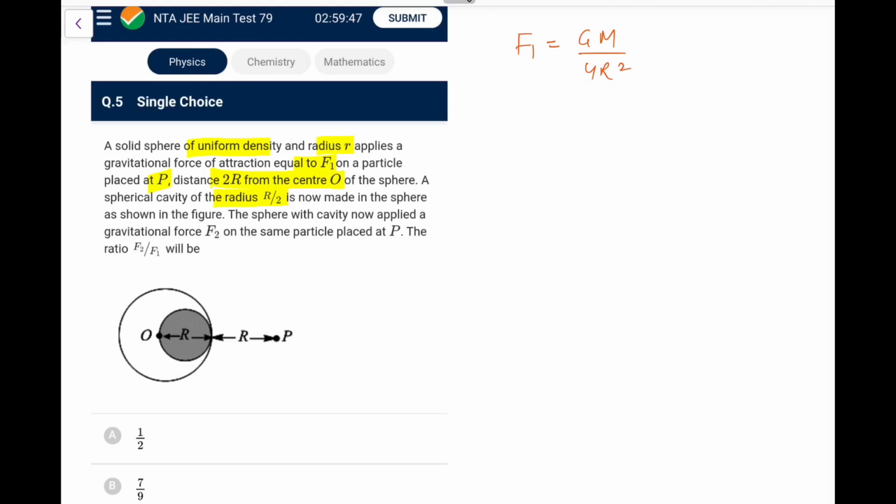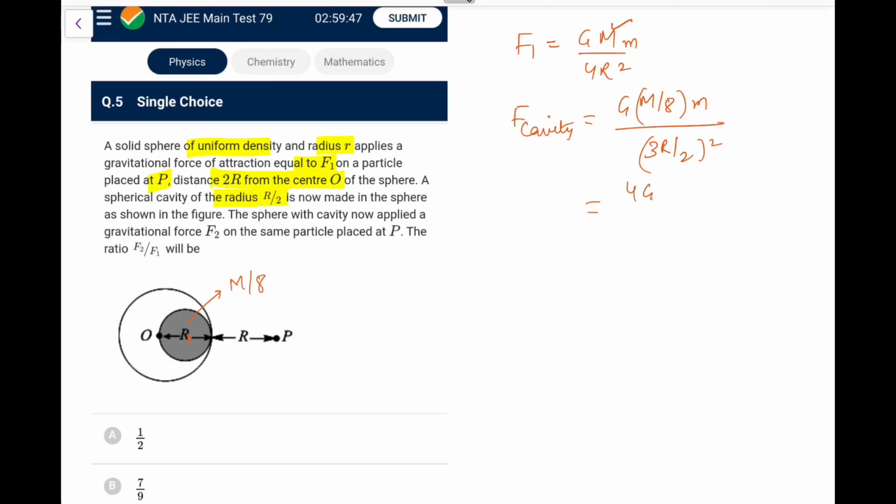This was the force. Now because of the cavity, I can say the cavity mass would be M by 8, and because of the cavity only, the force exerted would be G into M by 8 into m. You can write M is the mass of the complete sphere. Now its mass is M by 8 into m. Again, it's an outside point, so it would be r plus r by 2, that is 3r by 2 whole square.